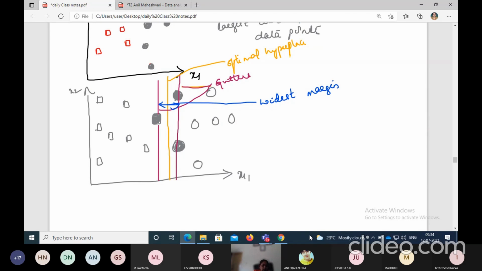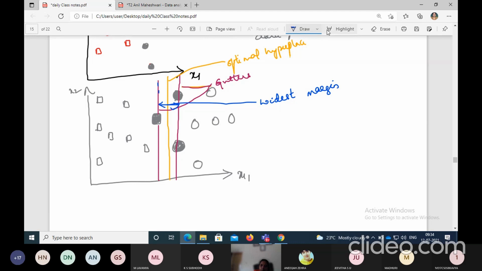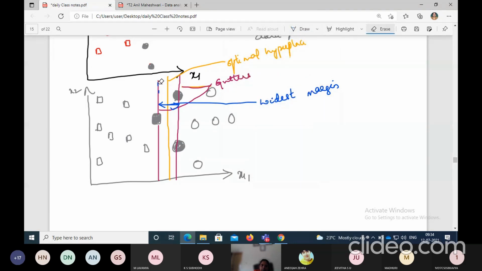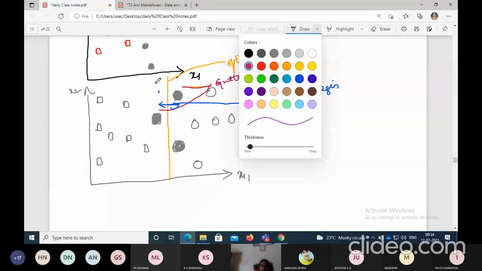The dotted lines are the gutters, actually not the dotted lines, I could not draw dotted lines using the pen. It is actually the pink colored one. So let me do it once again. It was supposed to be dotted lines.